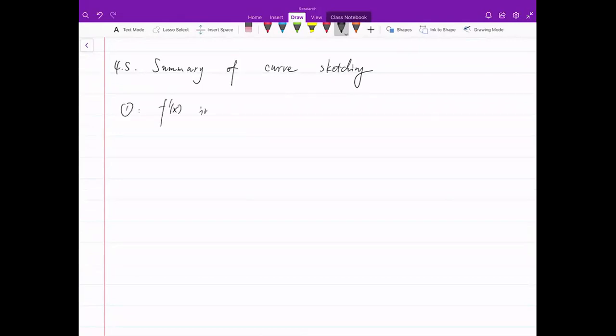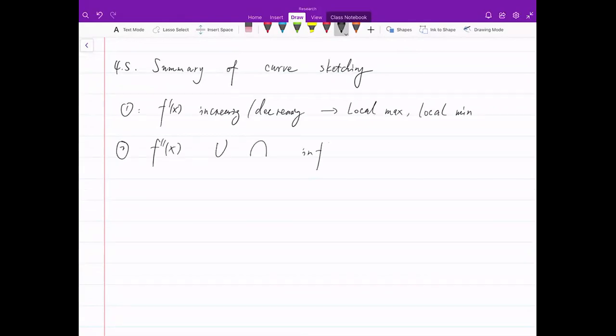We can find increasing, decreasing, and therefore local max, local min. We also did the second derivative. We can tell concave up, concave down, and inflection points. That's what we did in 4.3.